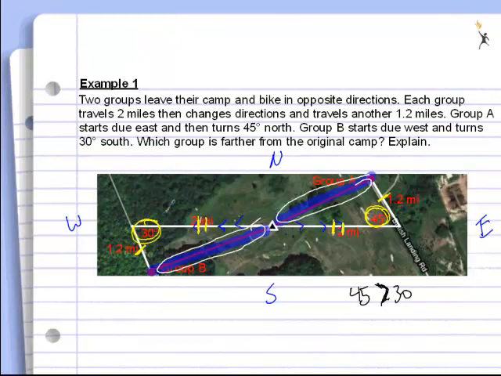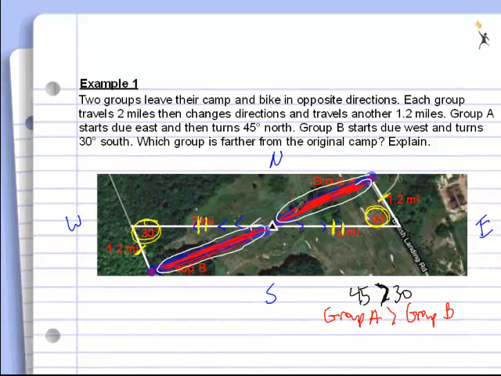We have 45 and 30. But because 45 is greater than 30, Group A, not Group A, excuse me, I hate English. Have to write things proper. Group A is a further distance than Group B, meaning this distance is larger than this distance.